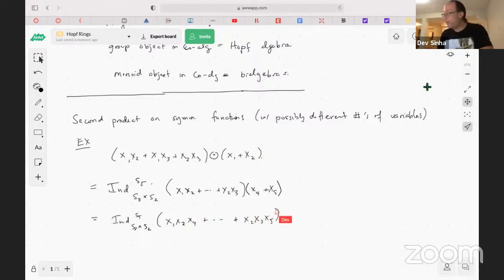And then you have to induce up, and you'd see that in this case I'm just getting things where 1, 2, 3 are invariant in those internal ways, and 4 and 5 are invariant.